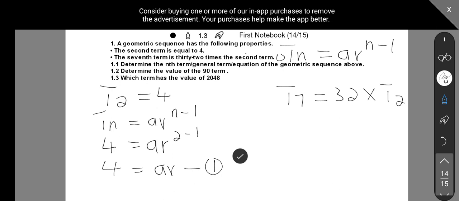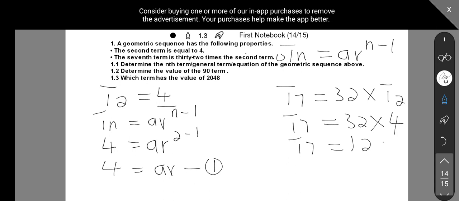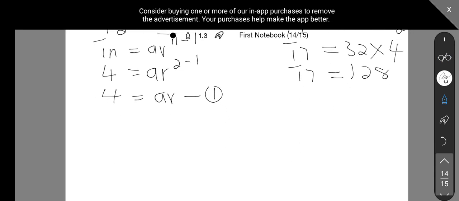Now we go to T7. T7 is equal to 32 times T2, and T2 is equal to 4. We plug in 4 here. This means that T7 is equal to 32 times 4, which is 128. We plug this into the formula Tn is equal to ar to the power of n minus 1.